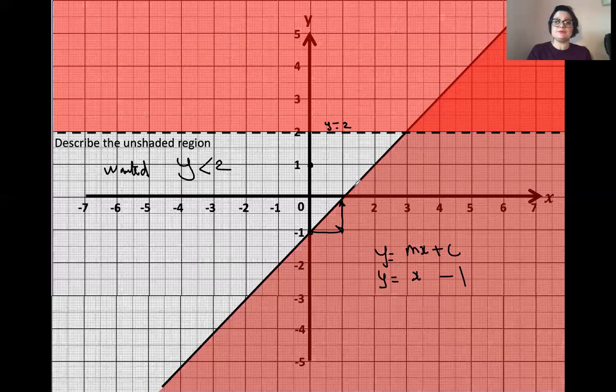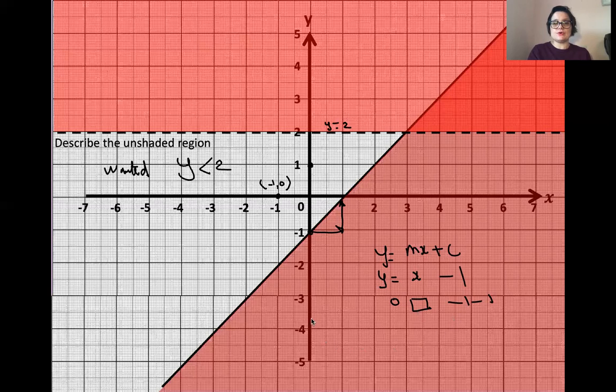So we have to substitute. I'm going to take, for example, this point here. The coordinates of this point are minus 1 and 0. Let's substitute minus 1 and 0. So y is 0. Leave the inequality sign blank. X is minus 1, so minus 1 minus 1.